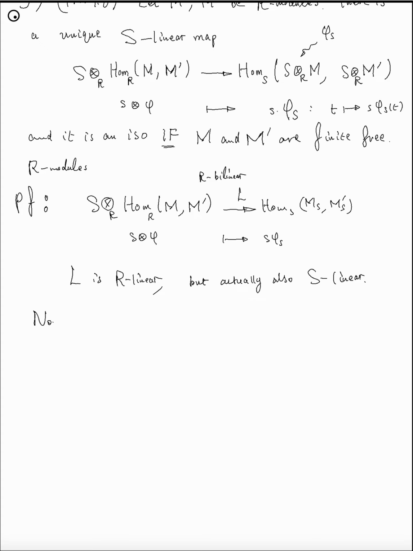Now let's use the condition. M and M prime have bases, finite free. Let's say e_i is a basis for M, and e_j prime is a basis for M prime.